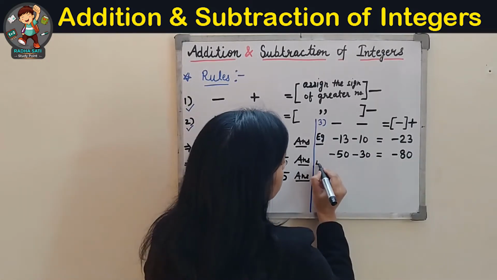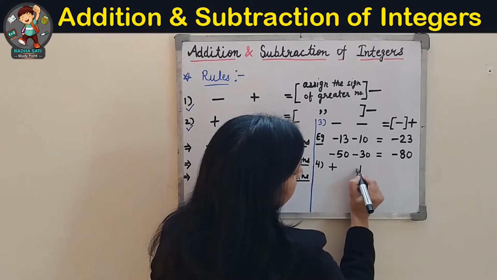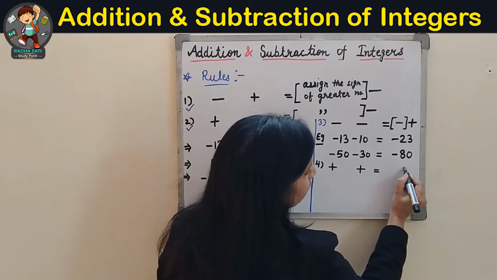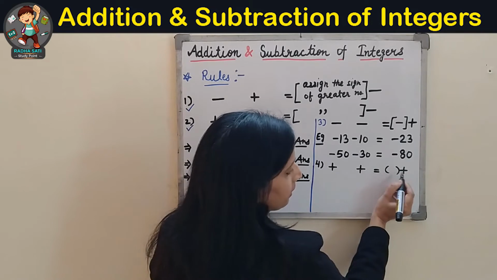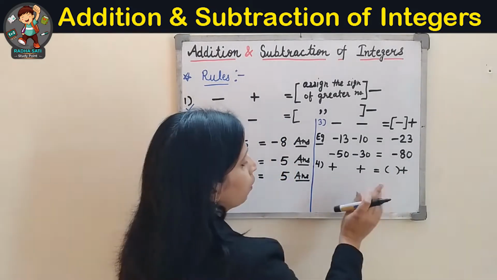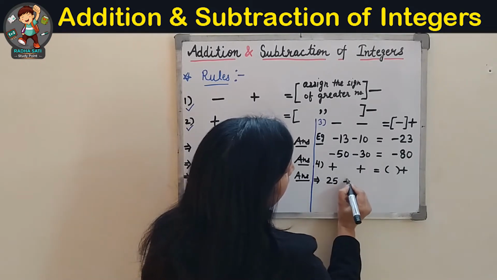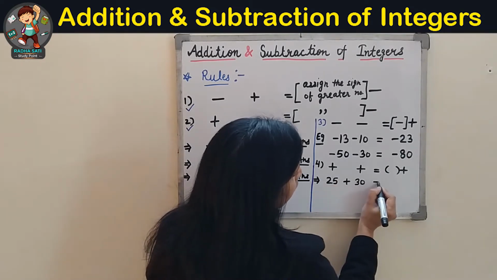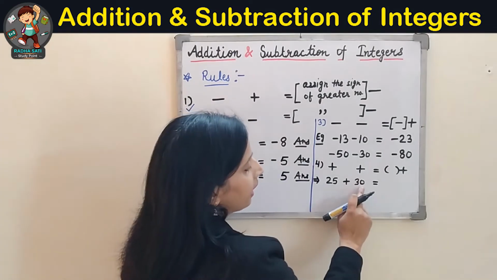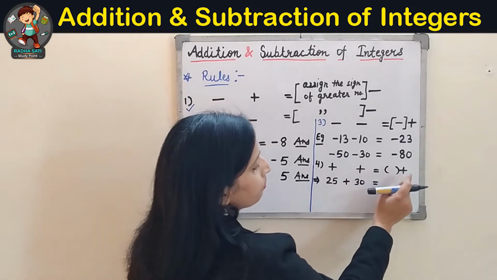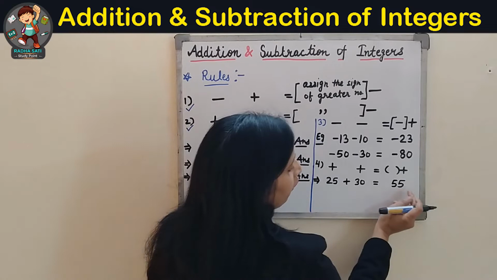Now the fourth rule is, if both the integers are positive integers, plus and plus, in this case we will add them and the sign will also be plus, that we will not put. For example, if there is a question 25 plus 30. Here we can see that 25 is a positive integer and 30 is also positive. So plus plus plus. We will add these and we will get 55.